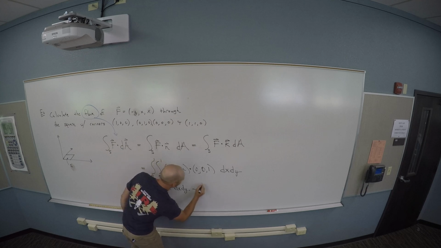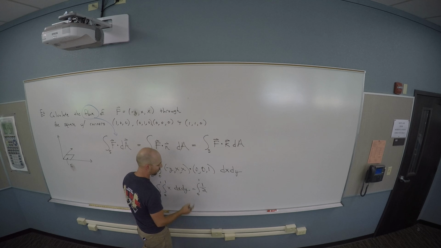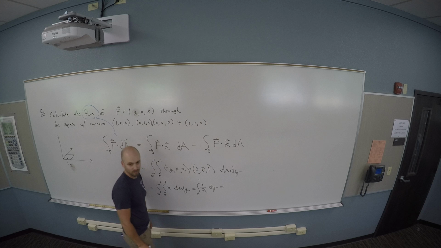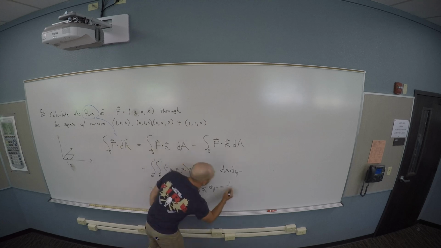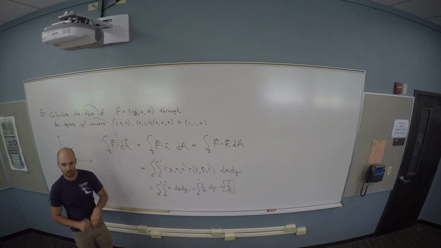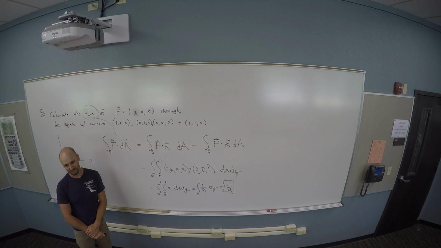So the integral from 0 to 1 of 1/2 dy gives you 1/2. But what does that 1 half mean? So this means that there's a net flow through the surface.